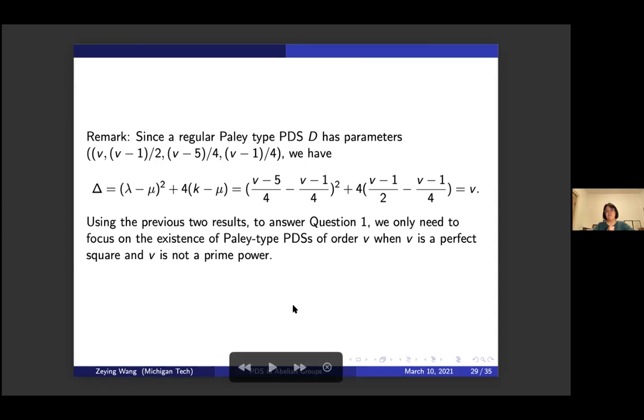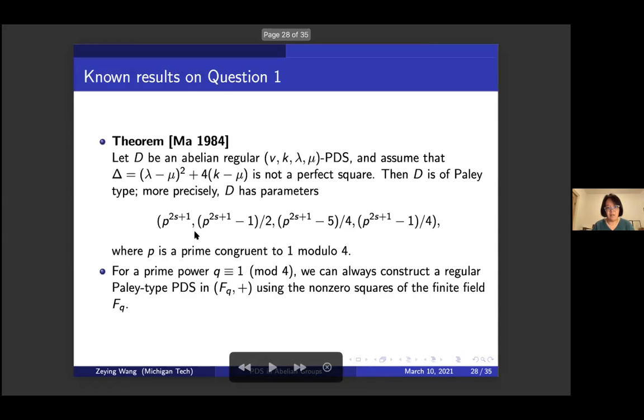So delta equals v in this case. If v is not a perfect square, Ma already told you it has to be a Paley type, and v has to be a prime power, right? And if you have a prime power, you already know the construction that surely guarantees that you do have a Paley type PDS.